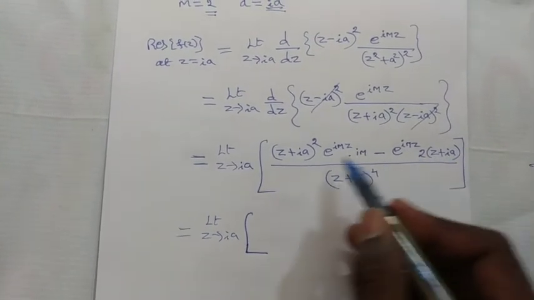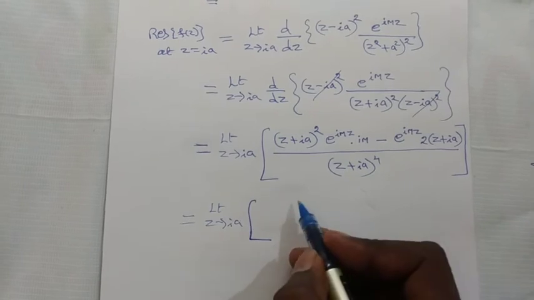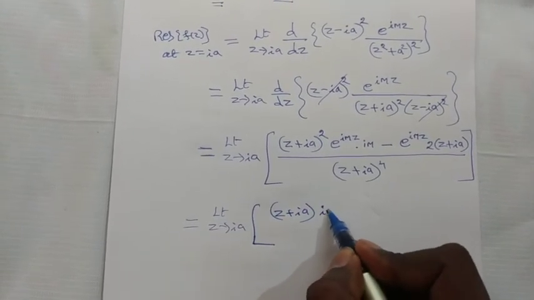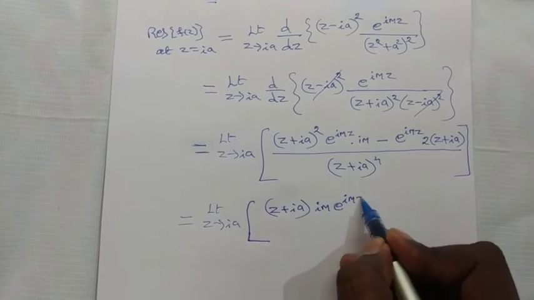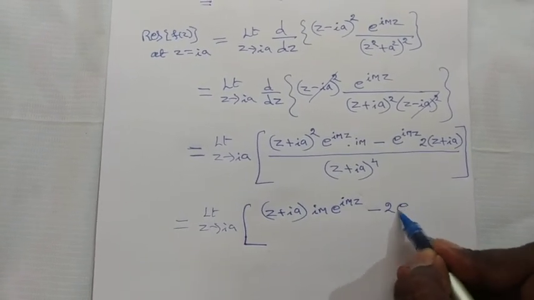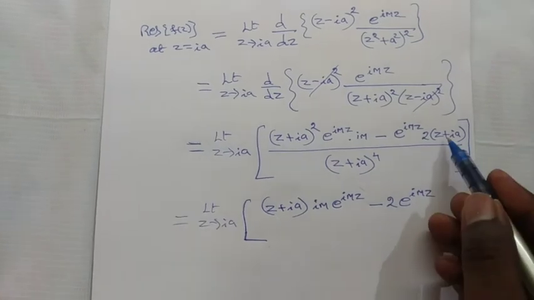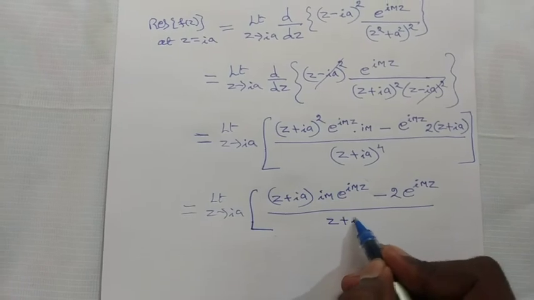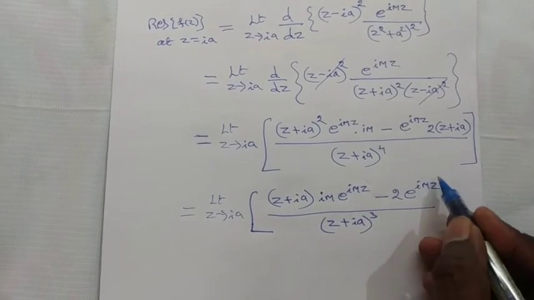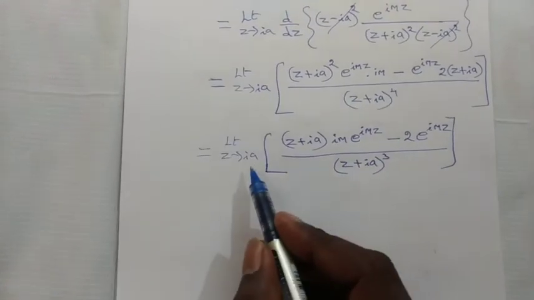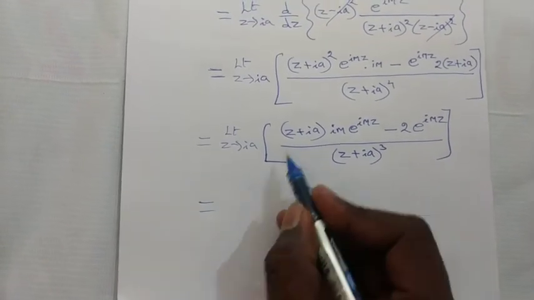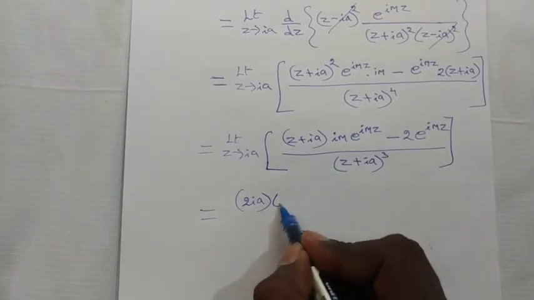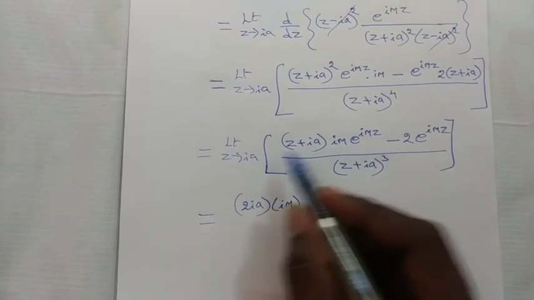one (z plus ia) can be taken outside and cancelled with the denominator. So (z plus ia) into im into e power imz minus 2 into e power imz, already we took one (z plus ia) outside and cancelled with the denominator, so (z plus ia) the whole power 3. Okay, so now I am going to put ia for z. So substitute ia plus ia, 2ia, and here im, and here substitute ia.